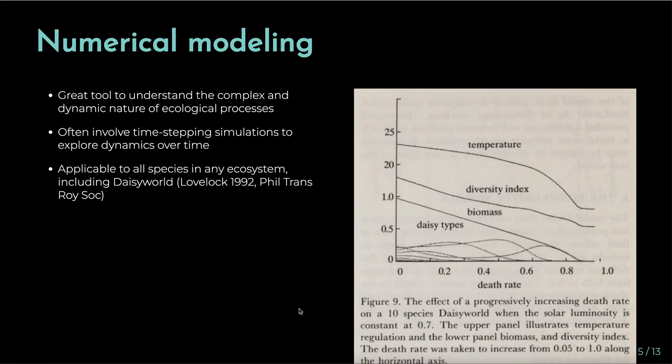And Lovelock basically just made up a new planet called Daisy World that had certain environmental conditions, including solar radiation, and he explored some of the biodiversity trends on Daisy World through numerical models, and you can see some of the modeling efforts there.